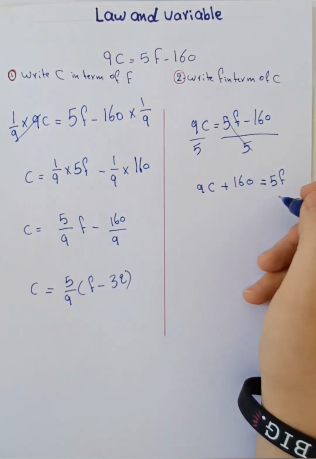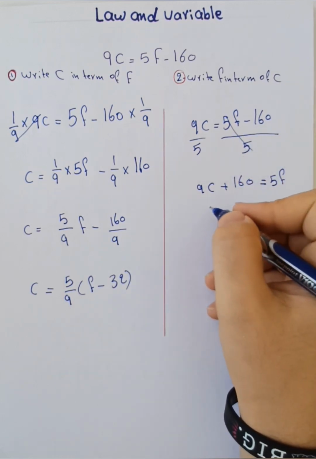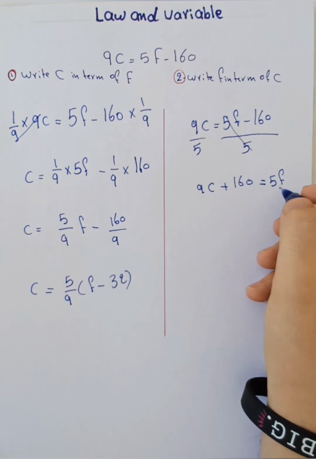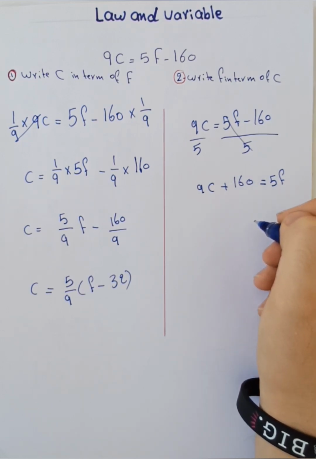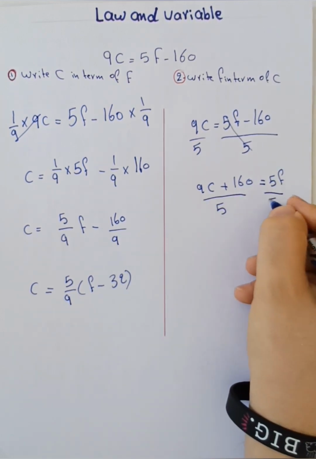First, you have to arrange the terms. We have 9c plus 160 equal to 5f, and then you have to divide both sides by 5.